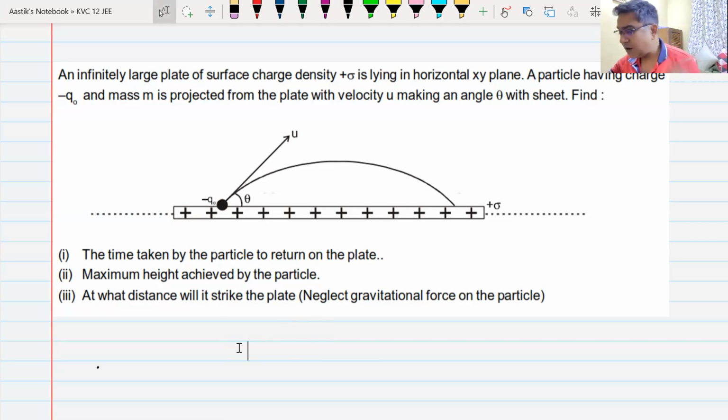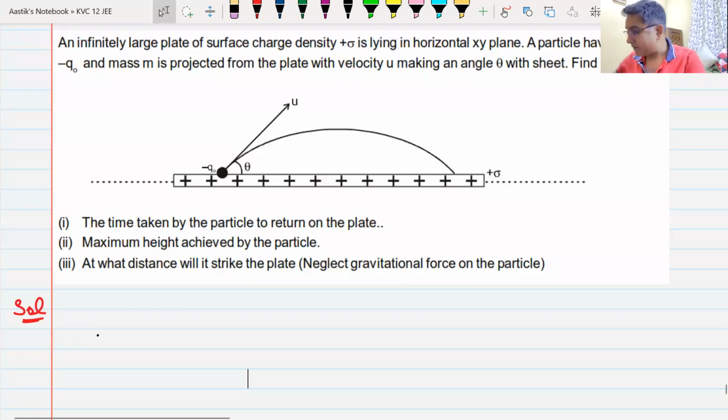So, how do you do it? Again, this is a revision of your motion in 2D. What was the time period of this gentleman in motion in 2D? If I remember correctly, I've just taught some students.